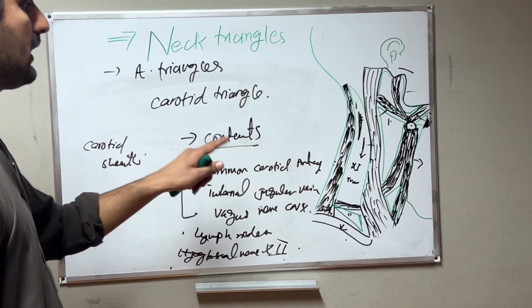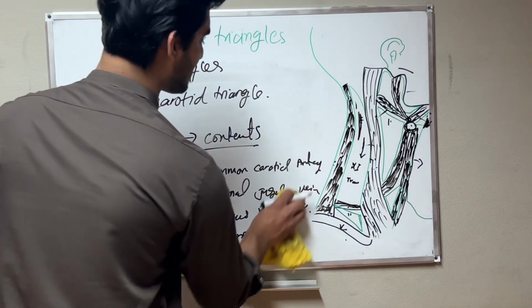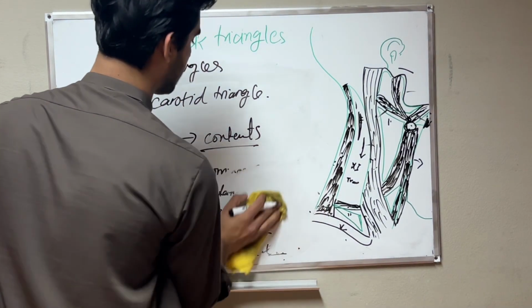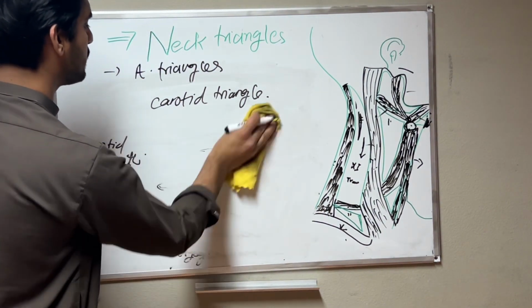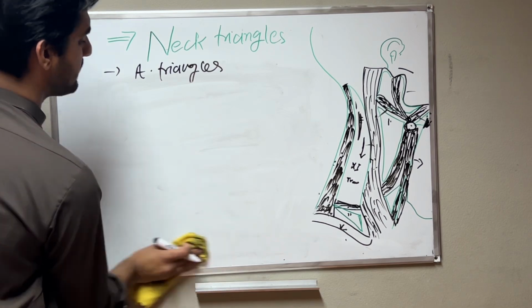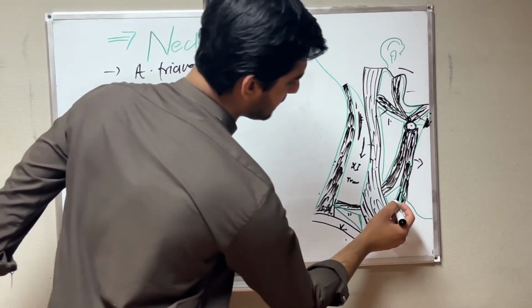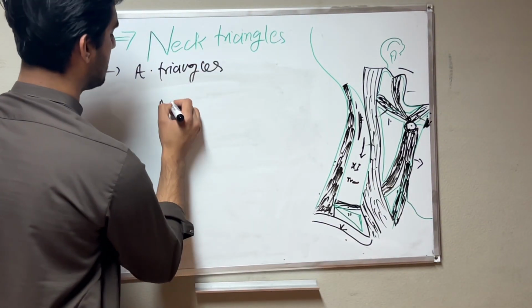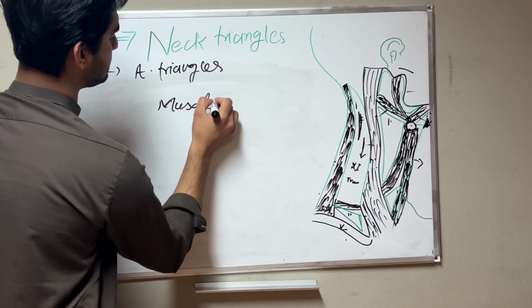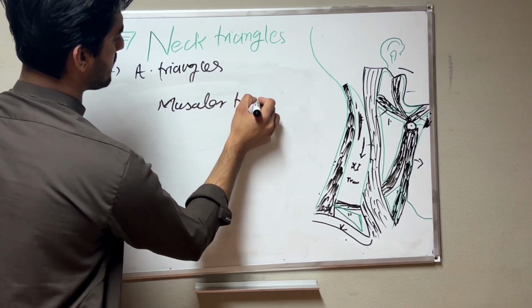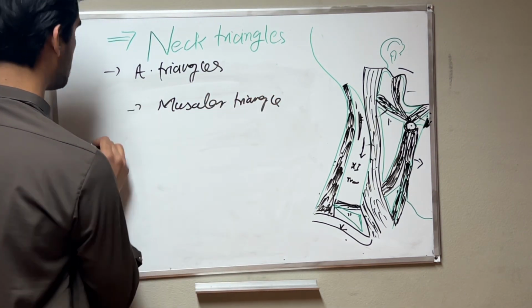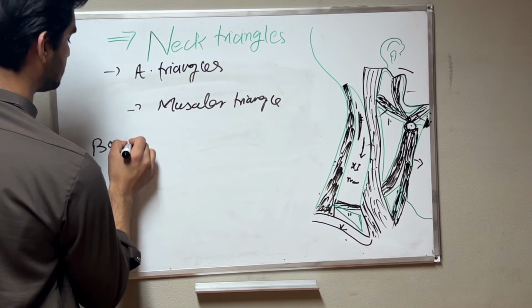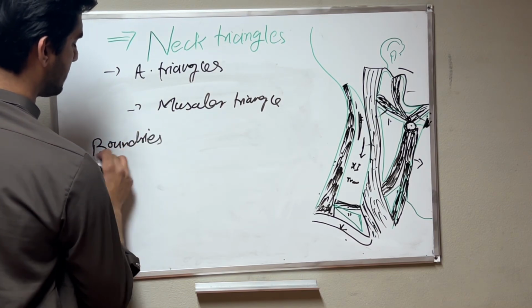Now the last triangle is the muscular triangle of the anterior triangle. First we are going to talk about the boundaries of this triangle.